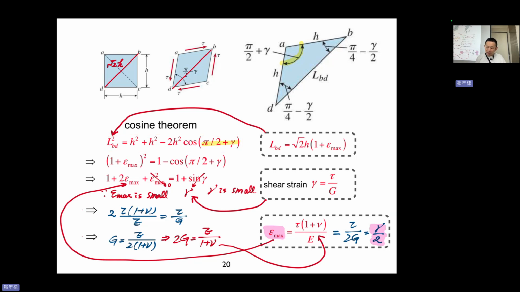Then we substitute all the epsilon max formulas, and we obtain that G equals E over 2 times (1 plus nu). We also know that epsilon max along 45 degrees in pure torsion is half gamma.